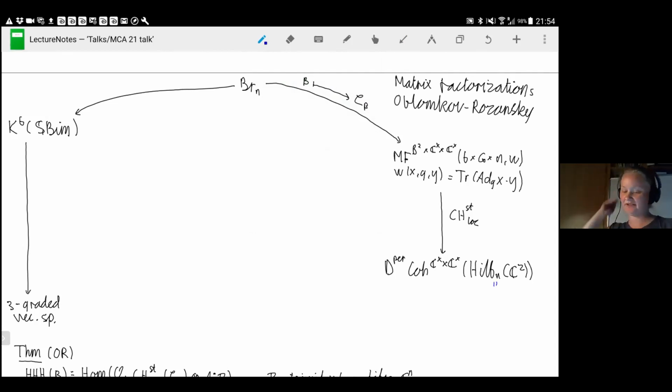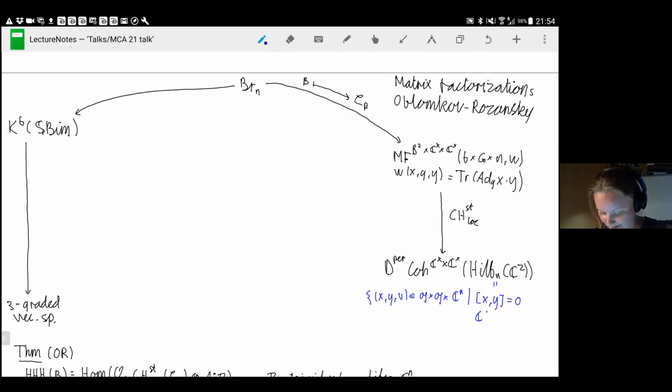Usually people write it in terms of ideals in C[X, Y] of codimension n, but the more convenient way for me to write it is the following. I take two matrices and a vector, and I require those two matrices to commute.